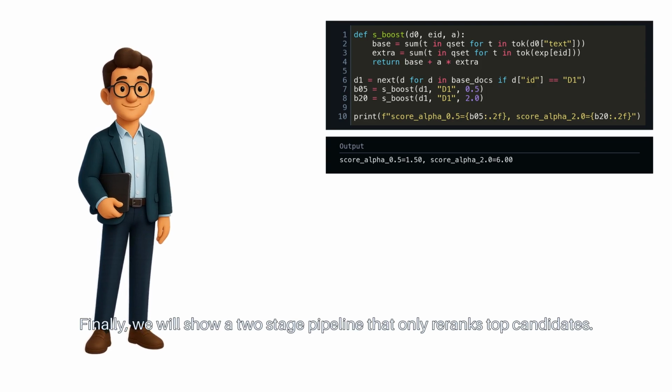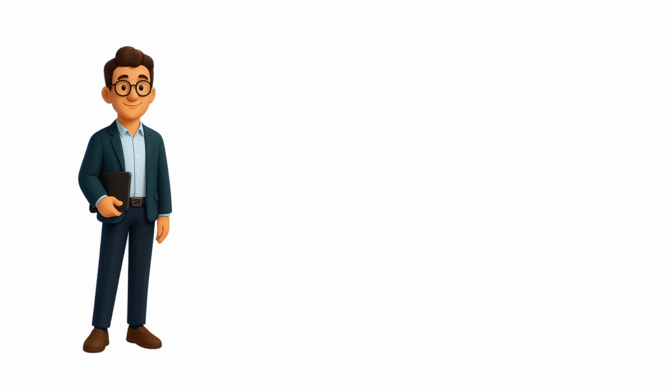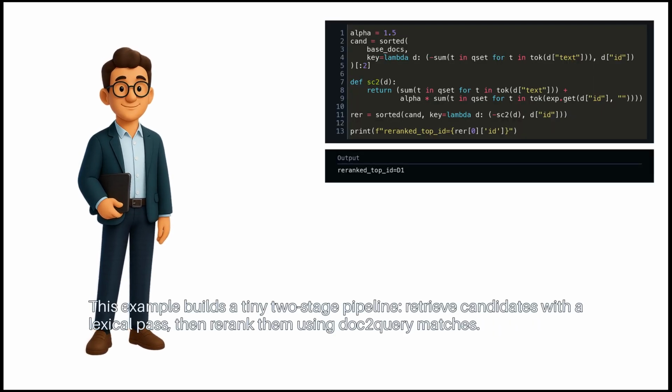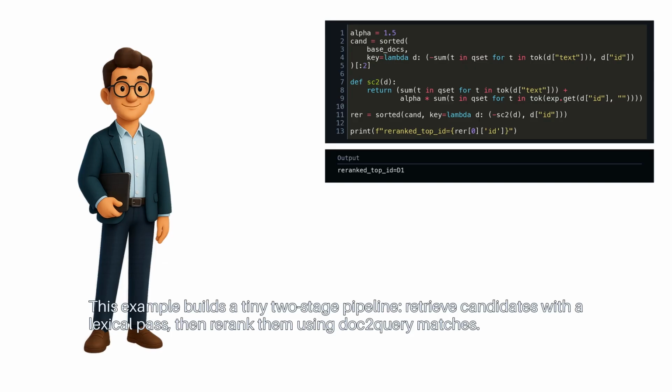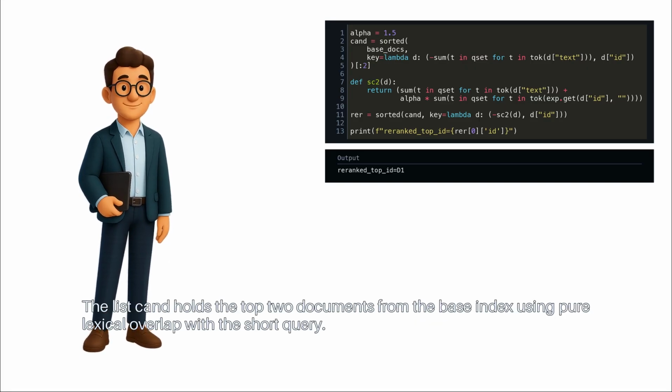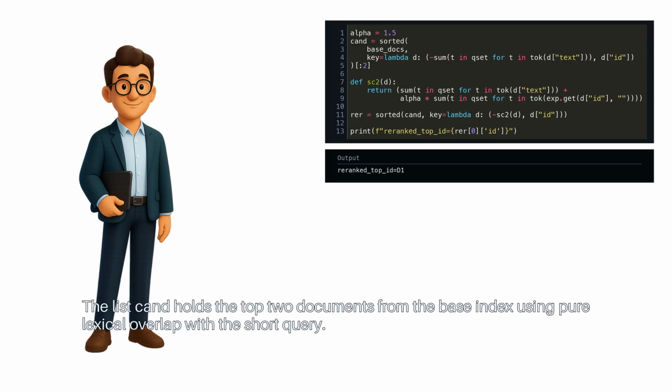Finally, we will show a two-stage pipeline that only re-ranks top candidates. This example builds a tiny two-stage pipeline. Retrieve candidates with a lexical pass, then re-rank them using doc2query matches. The list, cand, holds the top 2 documents from the base index using pure lexical overlap with the short query.